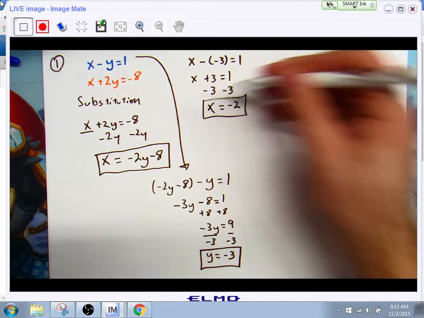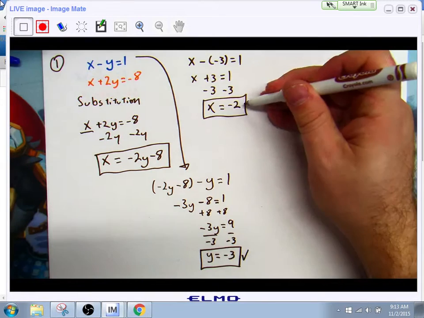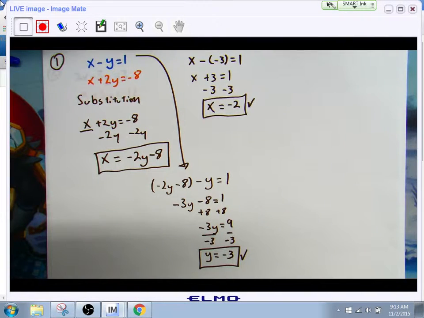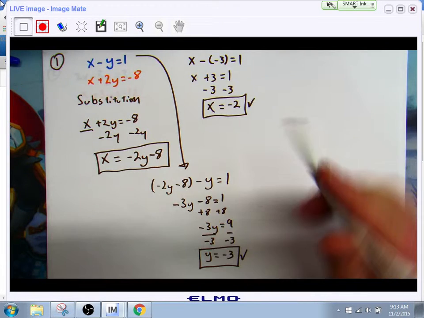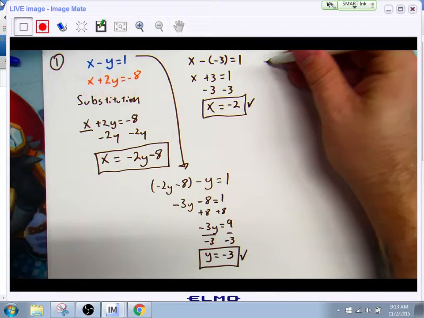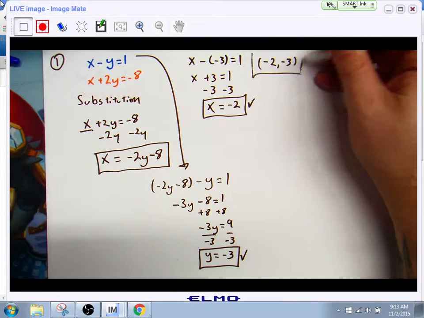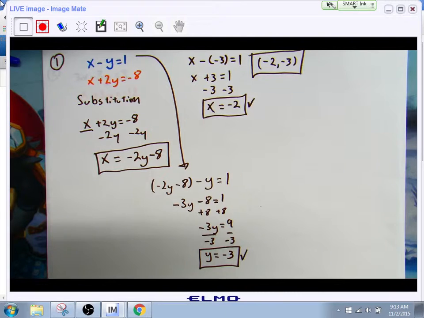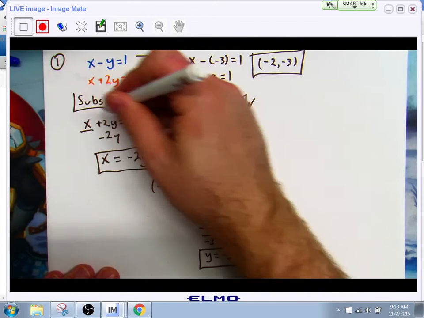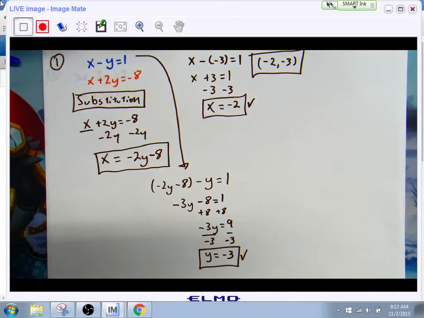Okay? So now I know what my y is, I know what my x is, but the way that we always write our answers is, remember, these are two lines that are crossing. It's a point, so our answer is negative 2, comma, negative 3. Put it in parentheses, box it up, and we are good. And that is the substitution way of solving this problem.